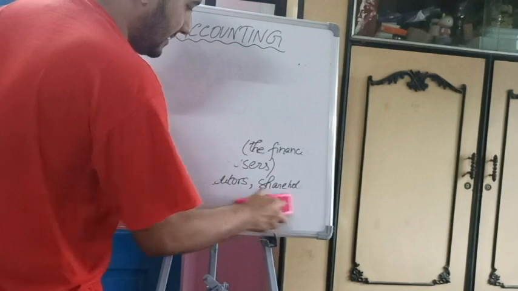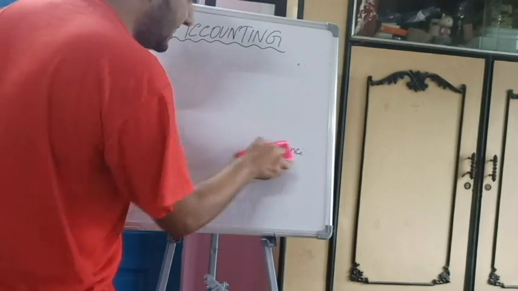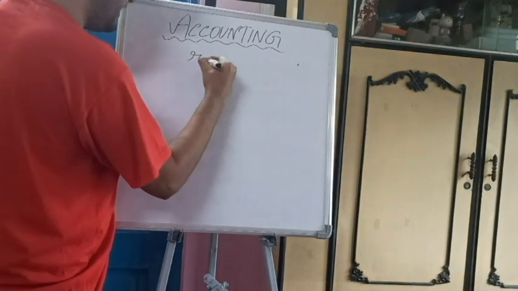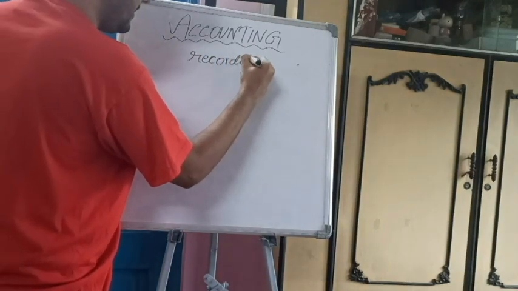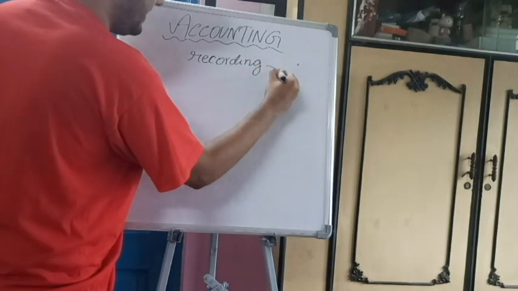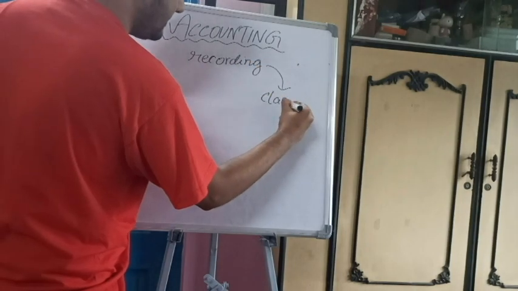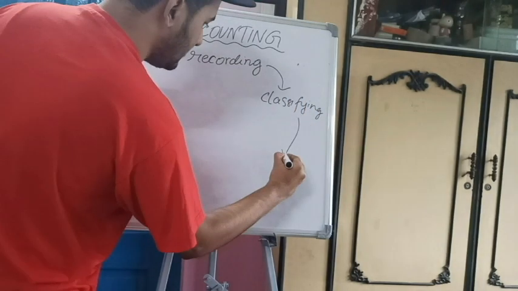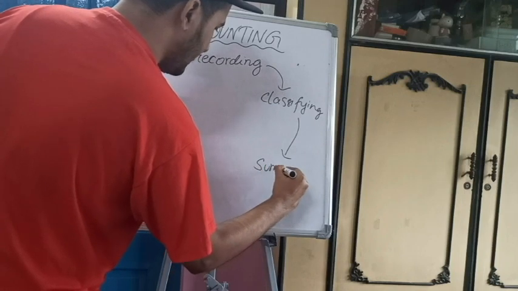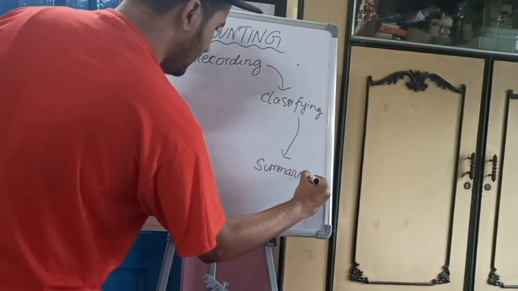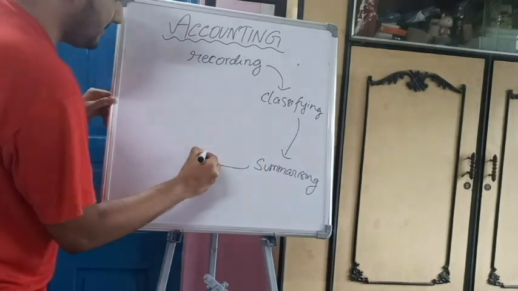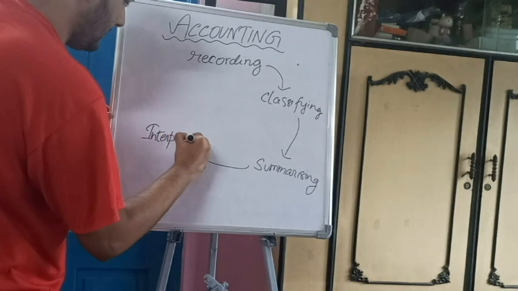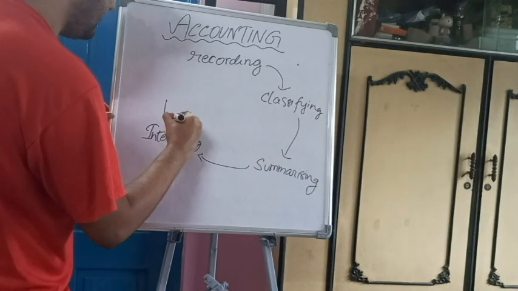Thus accounting: the first starting point is recording, then it goes to classifying, then summarizing, then interpreting, and final is communicating.